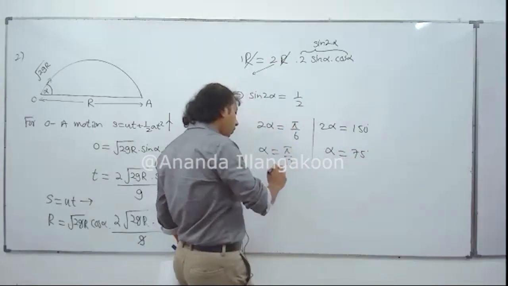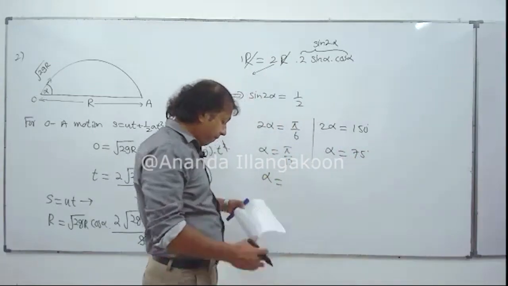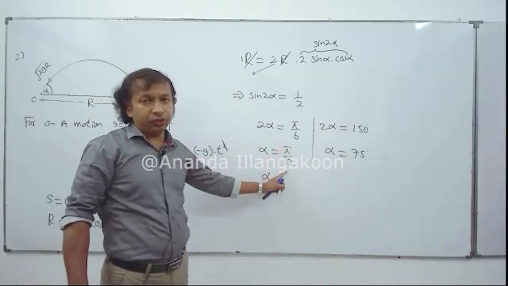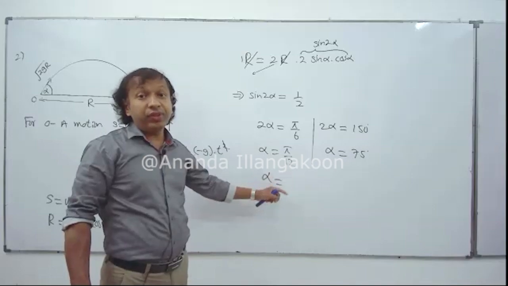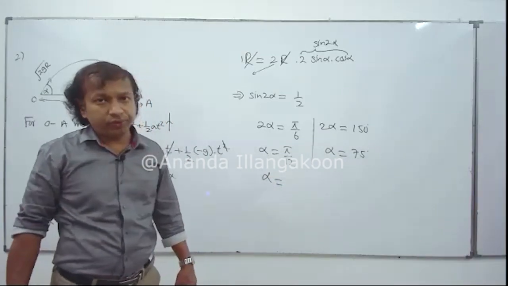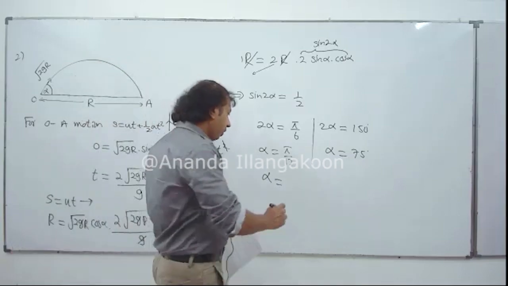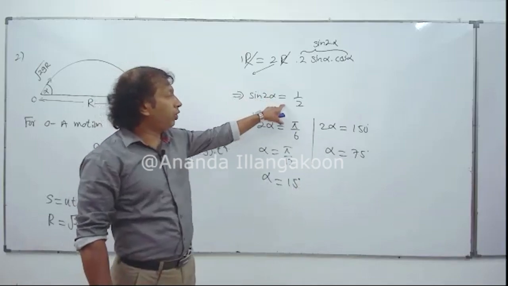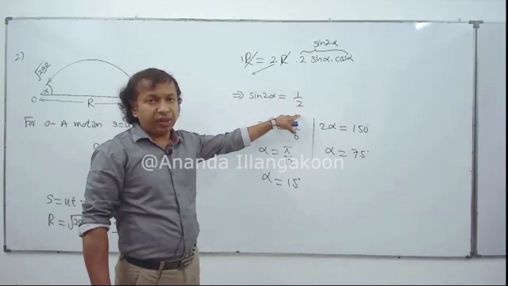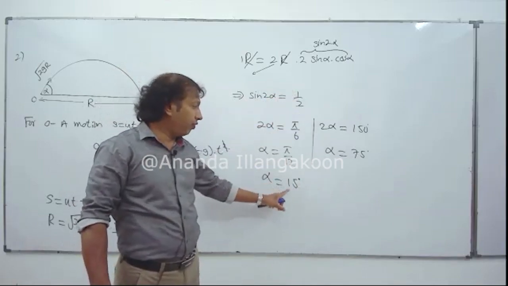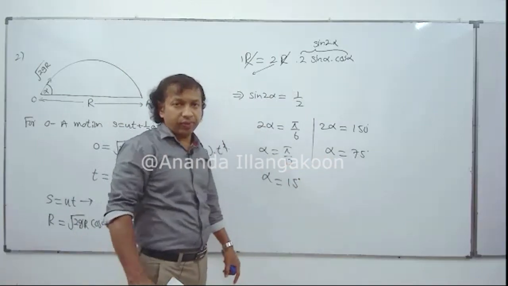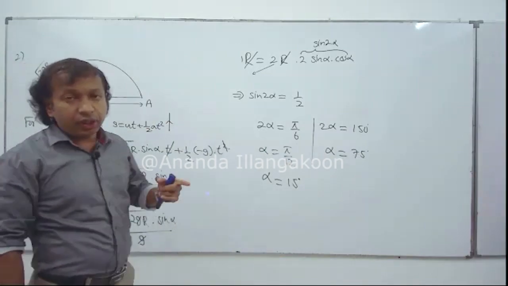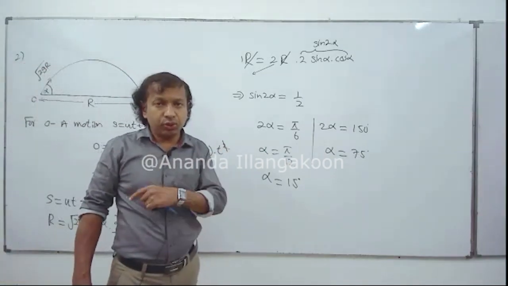People, what is pi by 12 really? Pi by 12 means 180 divided by 12. It is 15 degrees. Then you can see that for sin 2 alpha to be half, we can find 2 angles for alpha: one is 15, the other is 75. Alpha is the angle of projection, so there are 2 angles of projection to achieve this.